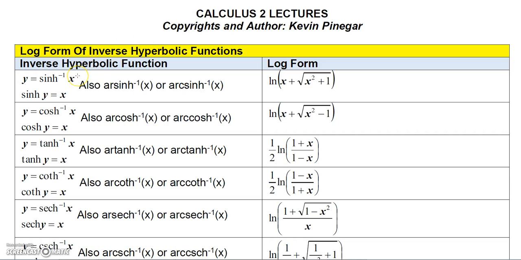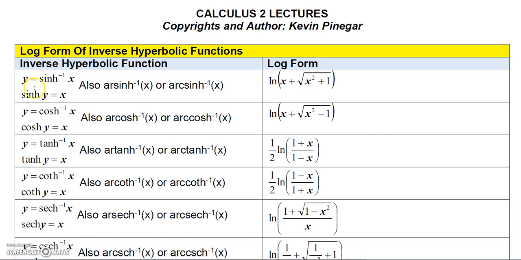And remember a while ago I mentioned that since the hyperbolic functions can be written as functions involving e to the x, then it makes sense that their inverses can be written using a natural logarithm, since the natural log of x is the inverse of e to the x.